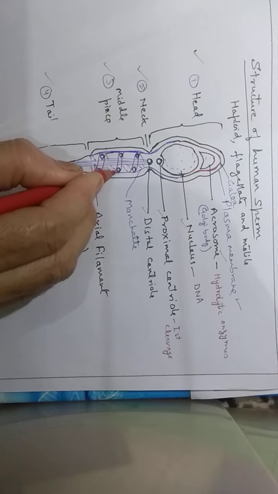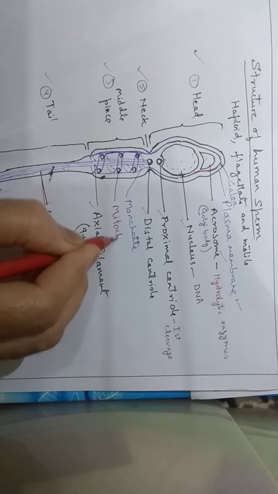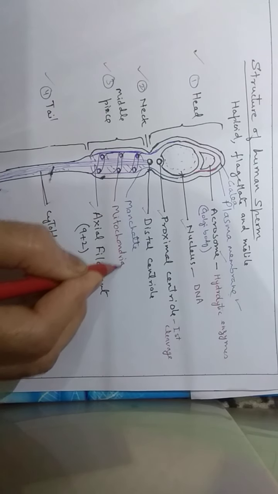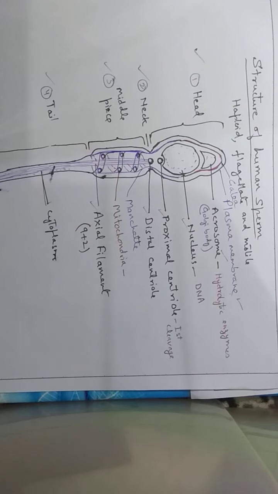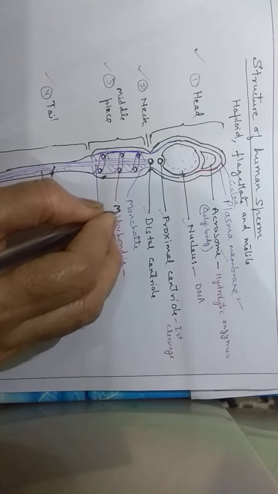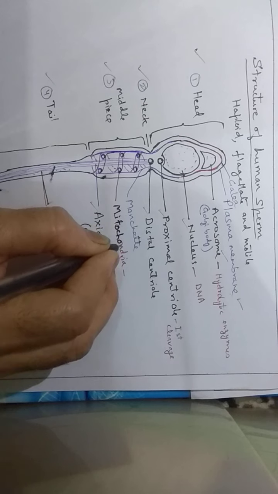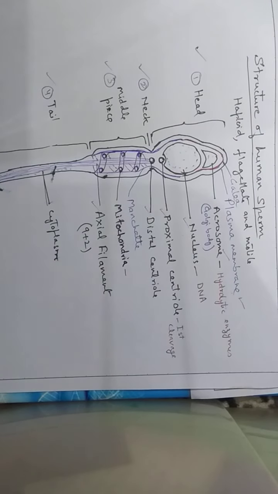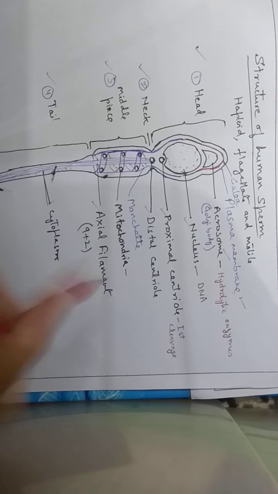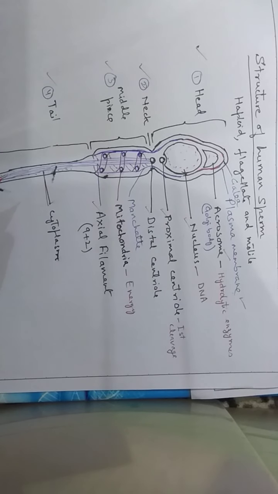So the mitochondria in the middle part provide energy for locomotion.